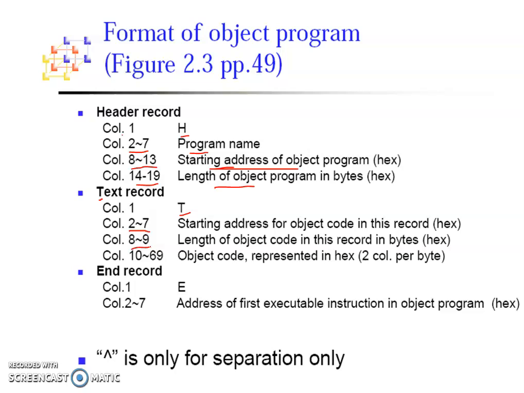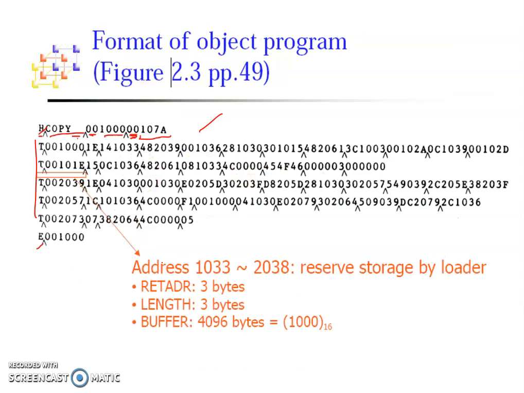Object code is represented in hexadecimal, 2 columns per byte. Columns 10 to 69 hold the object code. If the size exceeds this 69th column, it creates the next text record.